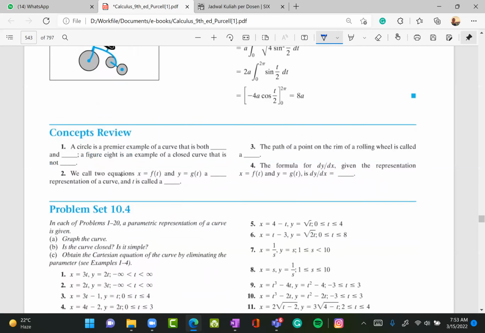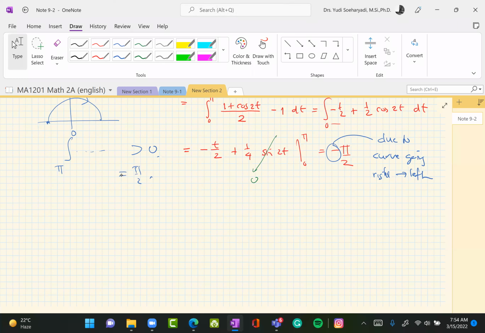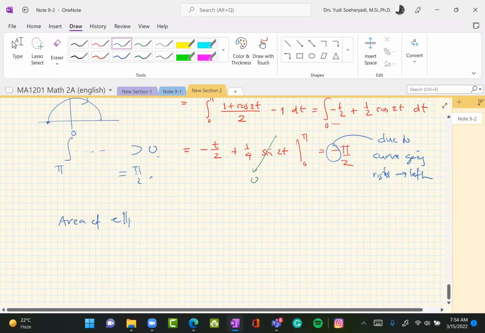Okay, let's do one more example. We haven't derived the area of an ellipse. So let's do the area of an ellipse. The ellipse is this one here.